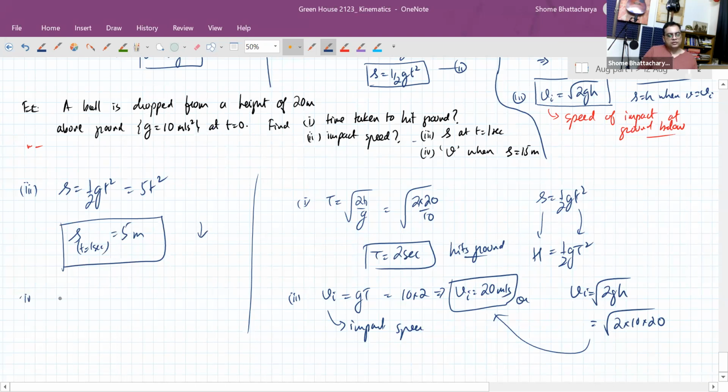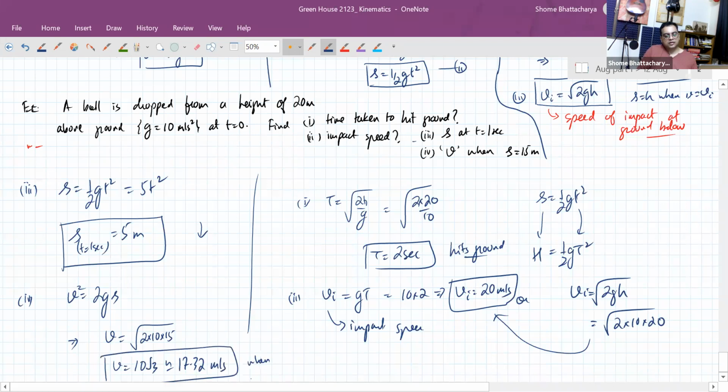And the fourth part, this equation we can use. So this is the speed when s is equal to 15 meters. Incidentally, s is equal to 15 meters is when it's 5 meters above the ground.